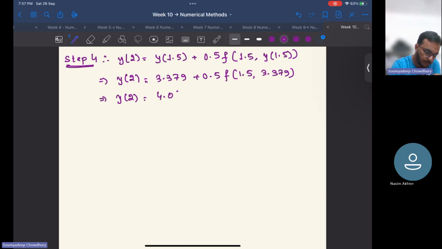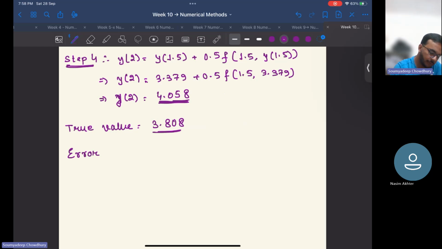So y of 2 using Euler's technique and h equal to 0.5, we are getting as 4.058, and the true value was given to us as 3.808. So you can see we can find out the error.